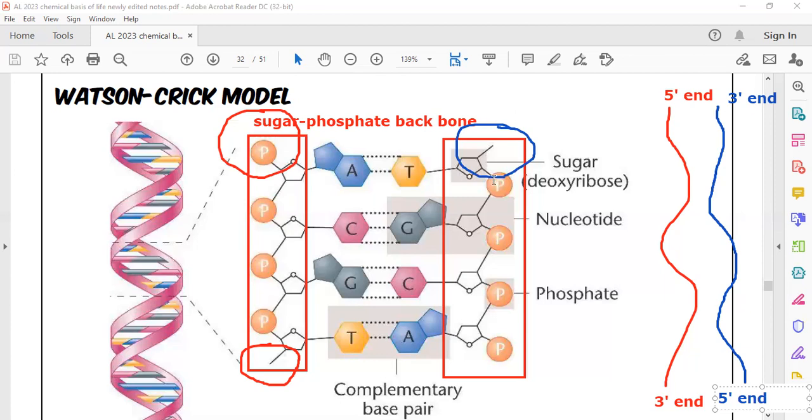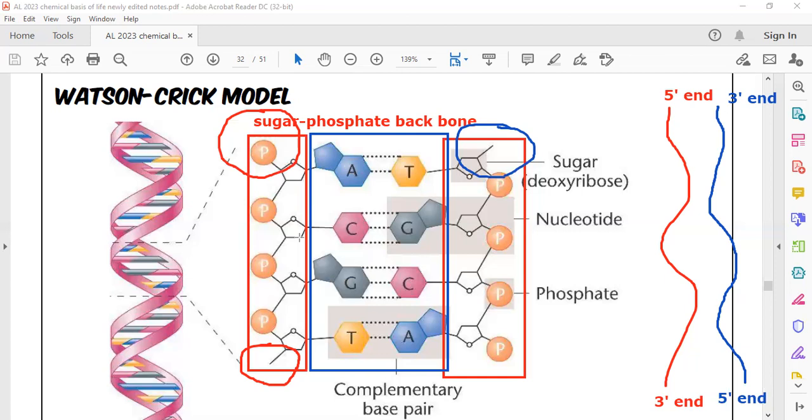Now let's come to this center part. You can see the center part is occupied by nitrogenous bases. Nitrogenous bases occupy the center part.